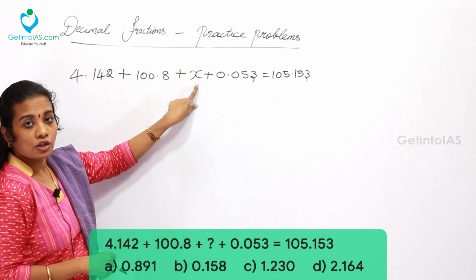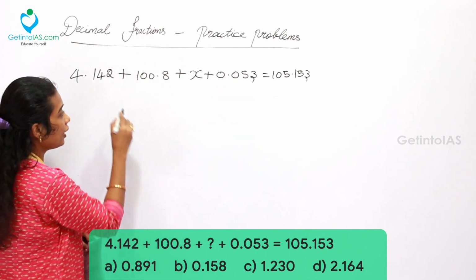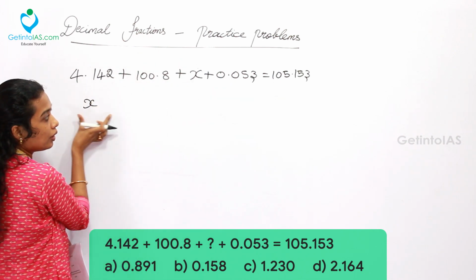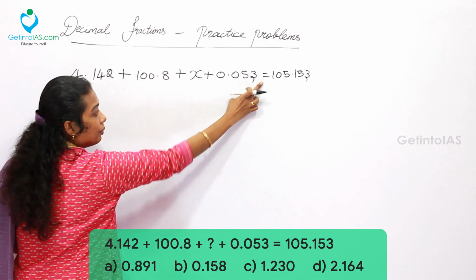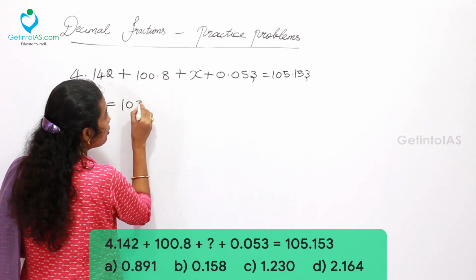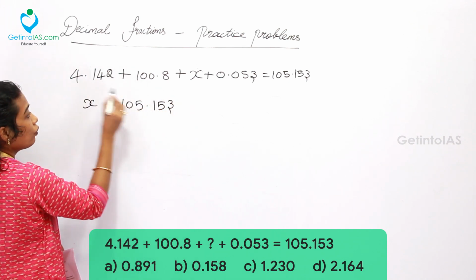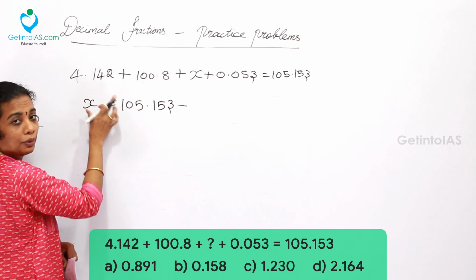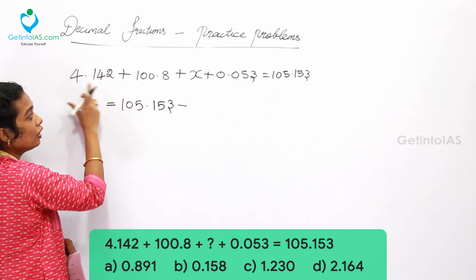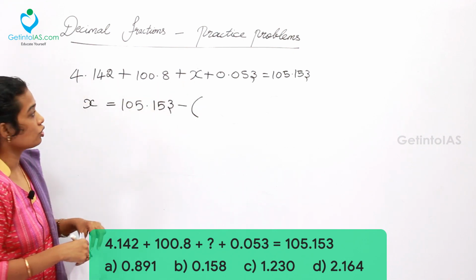So in order to get the x value, you want to bring all these values to the right side. So x alone I have taken on the left side, then I am bringing equal, and after equal I can take 105.153. After that I want to subtract all the terms. Why? Because all are in terms of summation, right? So minus, you want to add all these terms together.